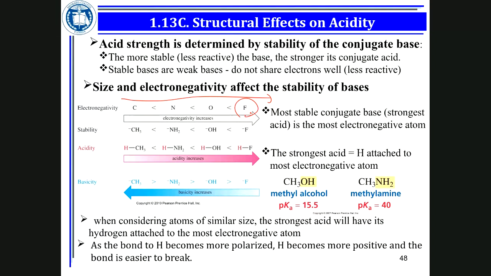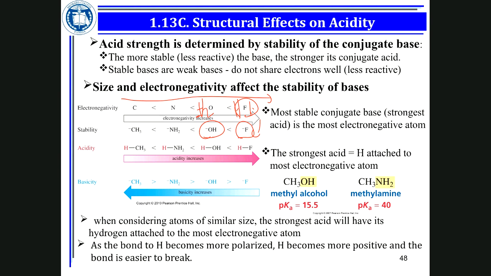And the conjugate base is going to be more stable. So if HF is your acid, the conjugate base F minus is more stable than if you had H2O, for example, and H2O losing hydrogen is going to change to OH minus. You see, this is a strong base, it is not stable. So H2O is a weak acid.